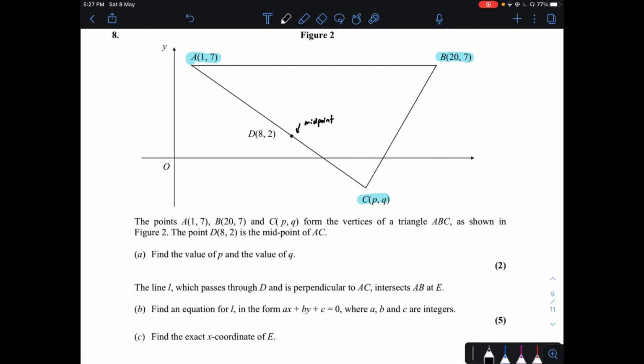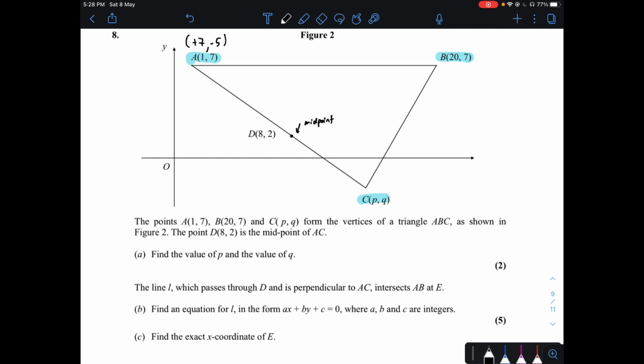Now, because D is the midpoint, getting from A to D will be the same as getting from D to C. So what happens when you go from A to D? We go 7 across in the x-axis, and we go -5 in the y-axis, the operation that we need to get to D. So we apply the same thing here.